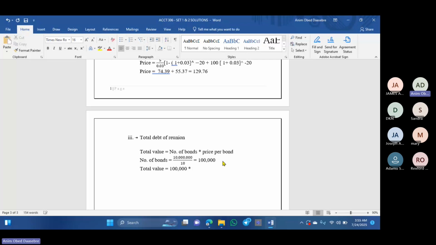The price in A is 129.44. So when you multiply 129.44 by 100,000, we get the total value.